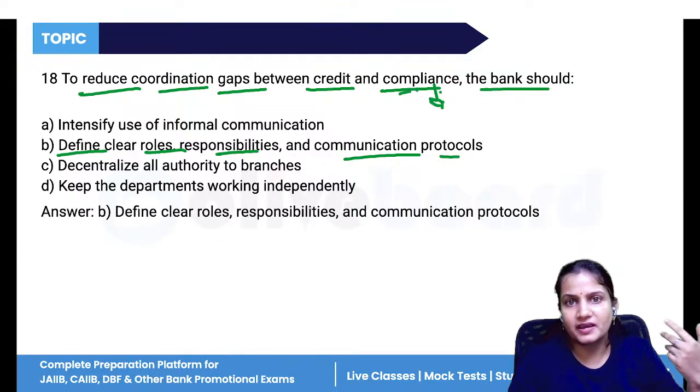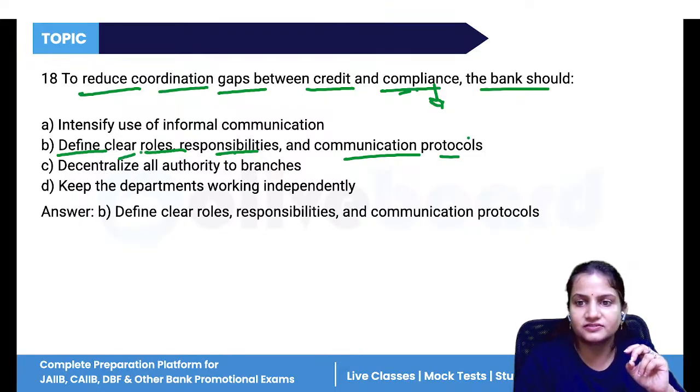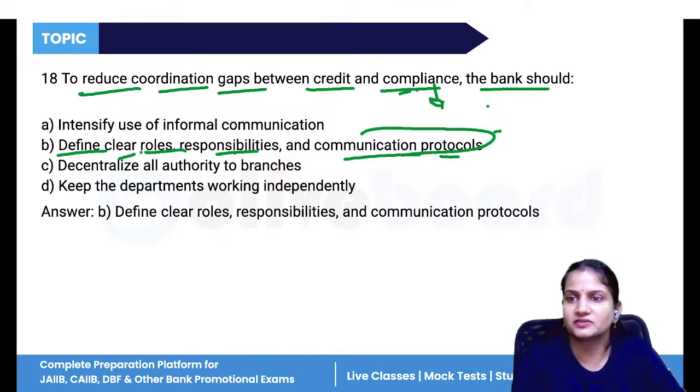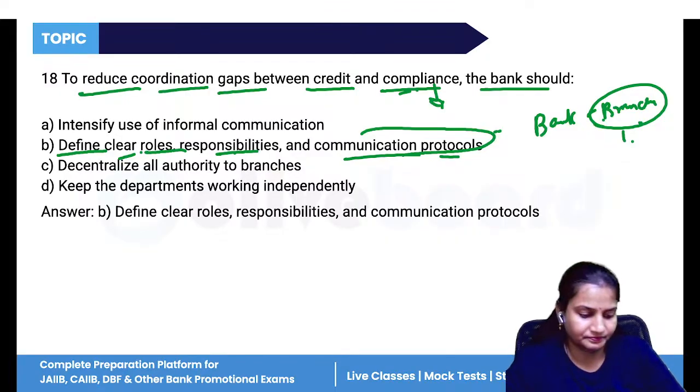To make the compliance structure, the task, the work more efficient, and for this the bank should define clear roles, responsibilities, and communication protocols. Means they should communicate their guidelines to all the people present in the bank as well as its branches, where the bank is conducting the restructuring process.